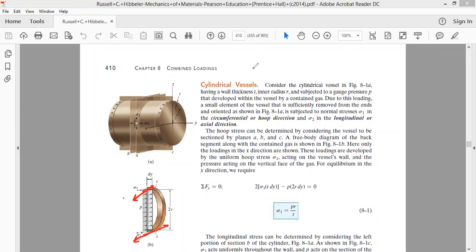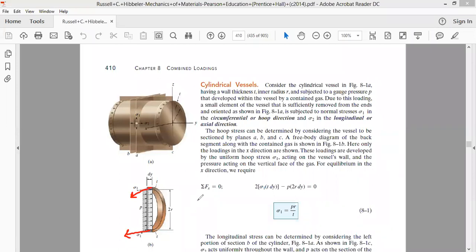Same is the case here. The opposite force per unit of this area is what we call the stress. So the stress is generated in response to the internal pressure tending to cause an increase in the radius.